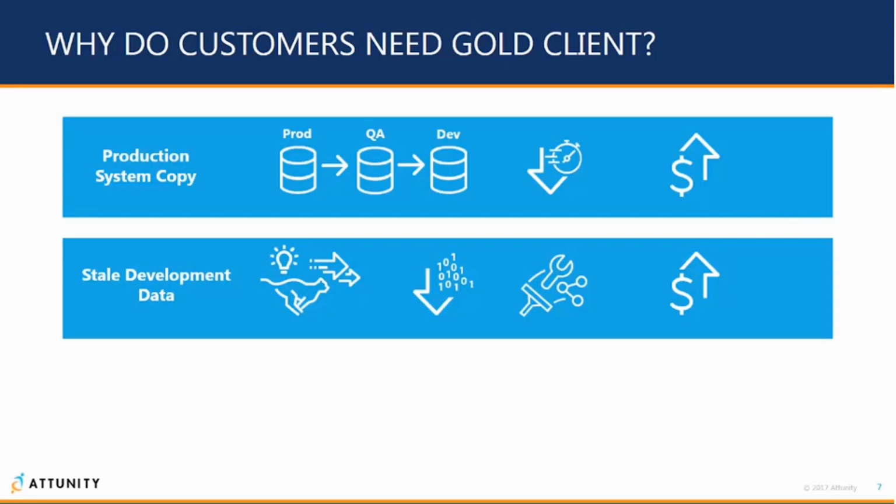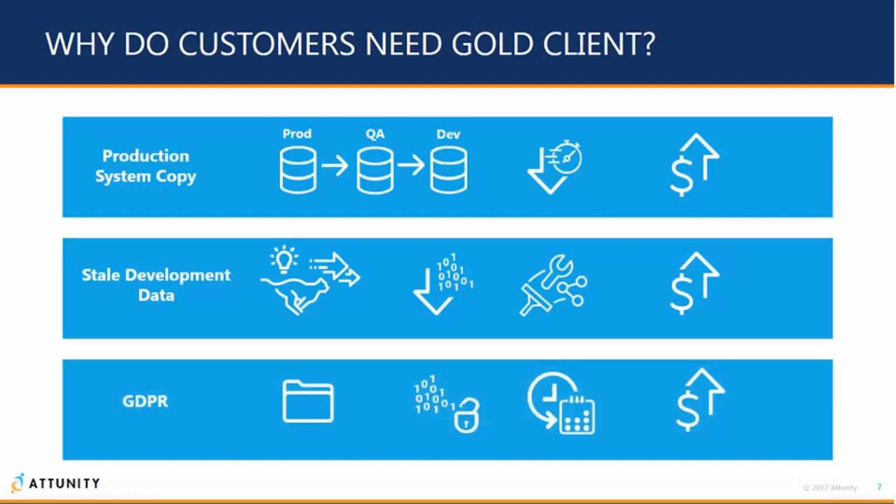And also, you then have to wait for the next full refresh to get the data that you need. And that, again, is a cost to the business. The third use case, which is the one that we're discussing really today, is all around GDPR.